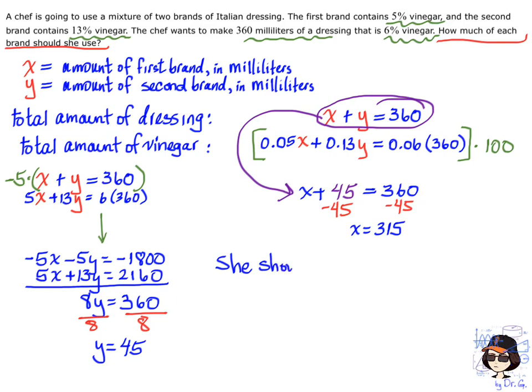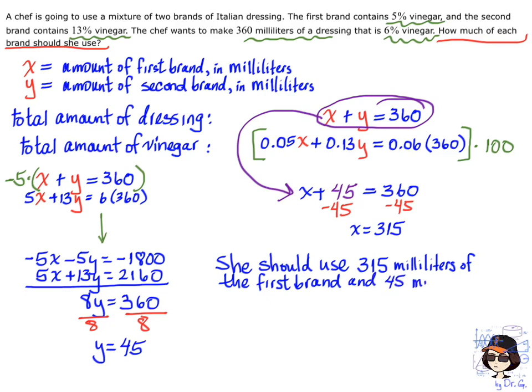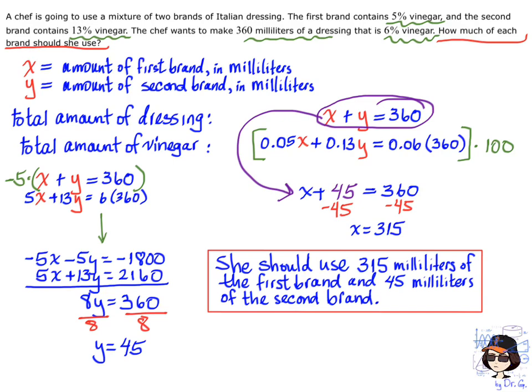So she needs to use 315 milliliters of the first brand and 45 milliliters of the second brand. And that's the answer. So don't forget, write down precisely what your two variables represent.